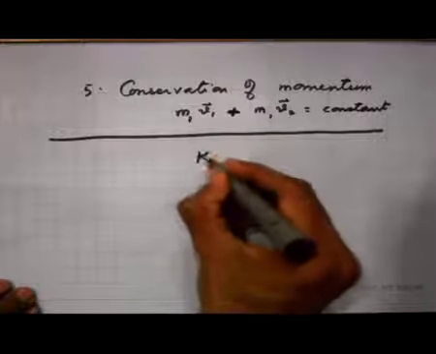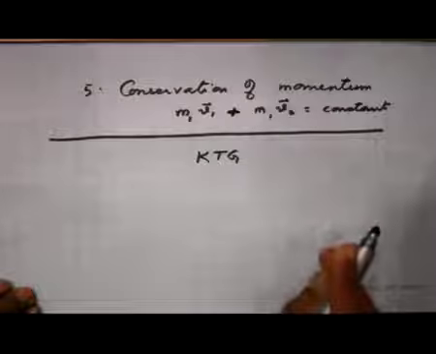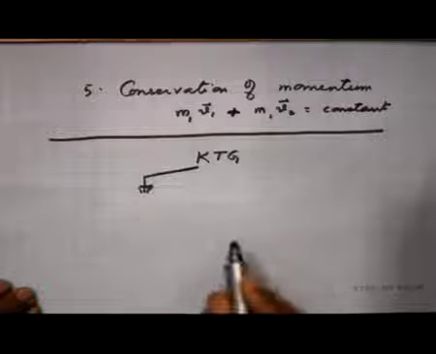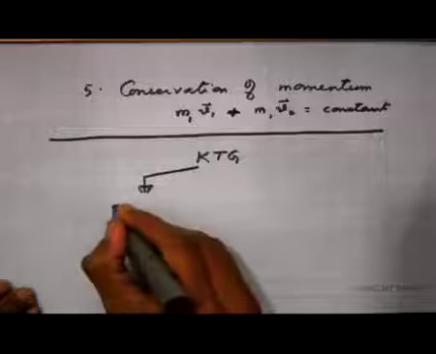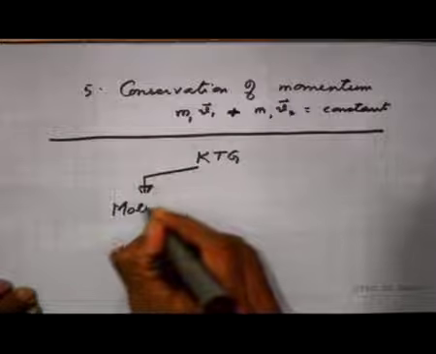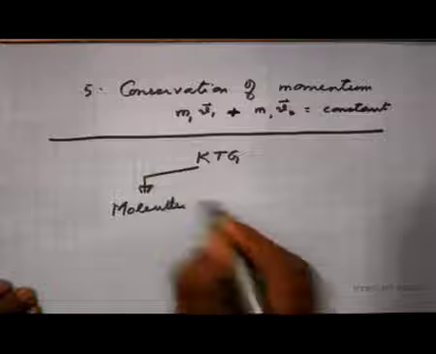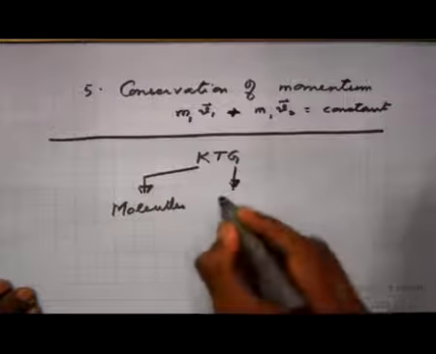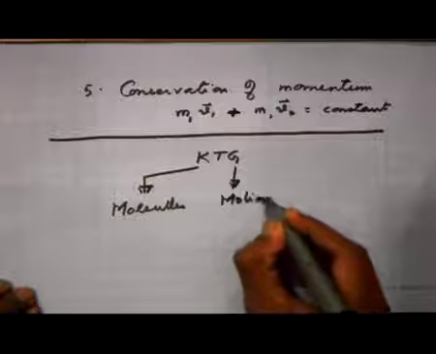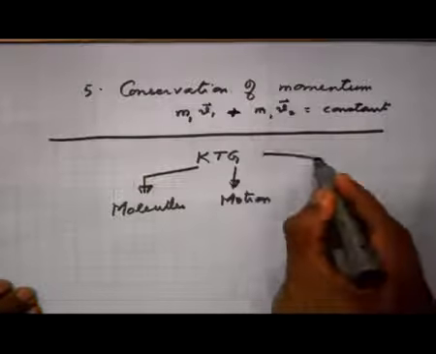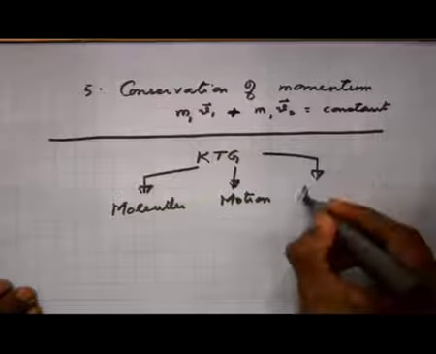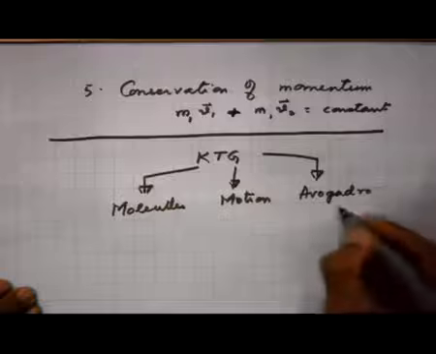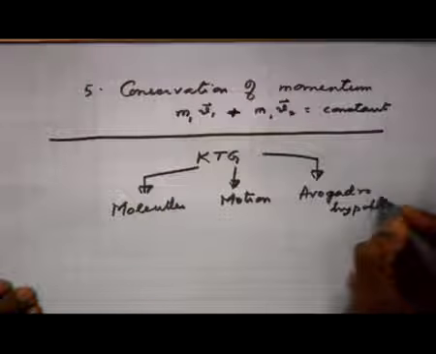So, according to the kinetic theory of gases, there are three pieces to the theory. The first piece discusses molecules. The second piece discusses motion of molecules, and the third one is the Avogadro hypothesis, which we won't have much to say about because we have already gone through that.